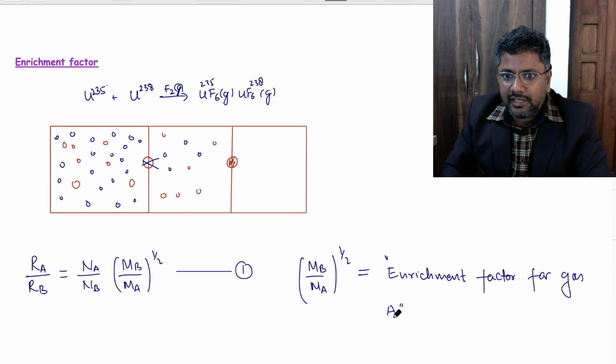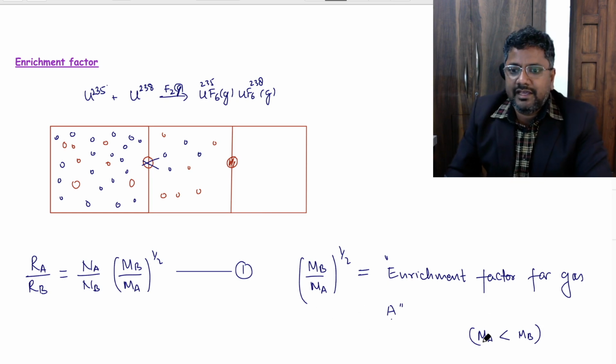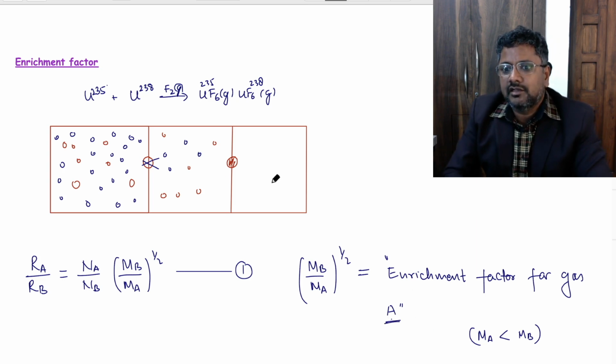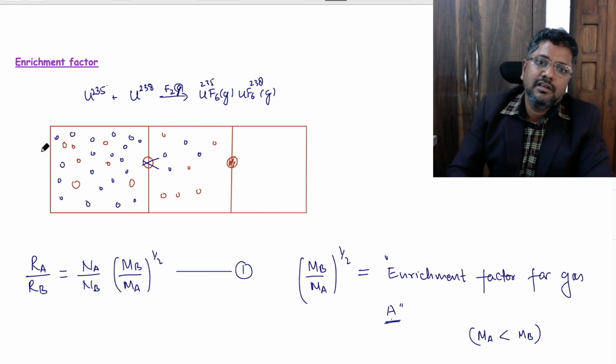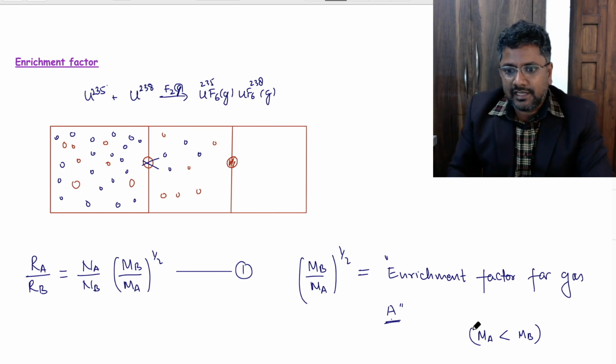And the molar mass of A should be less than the molar mass of B. So if the molar mass of A is less than the molar mass of B, then the root of MB by MA is called the enrichment factor for gas A. It means gas A will enrich here, further it will enrich and further enrich, right? So this is the enrichment factor for the lighter gas, right?